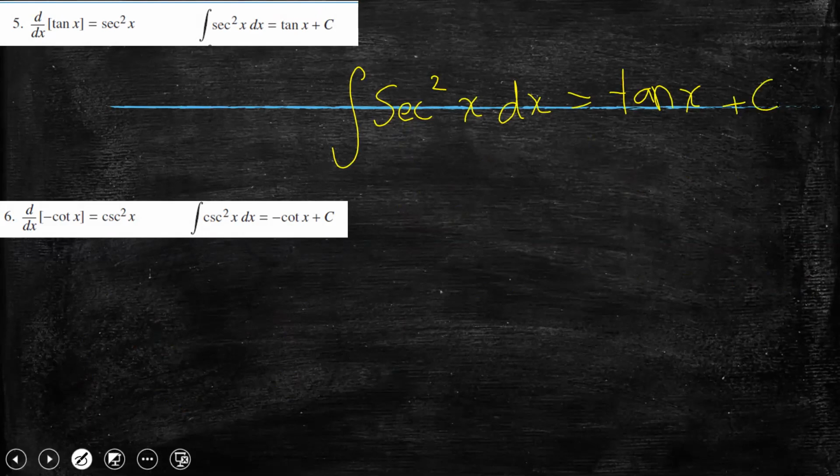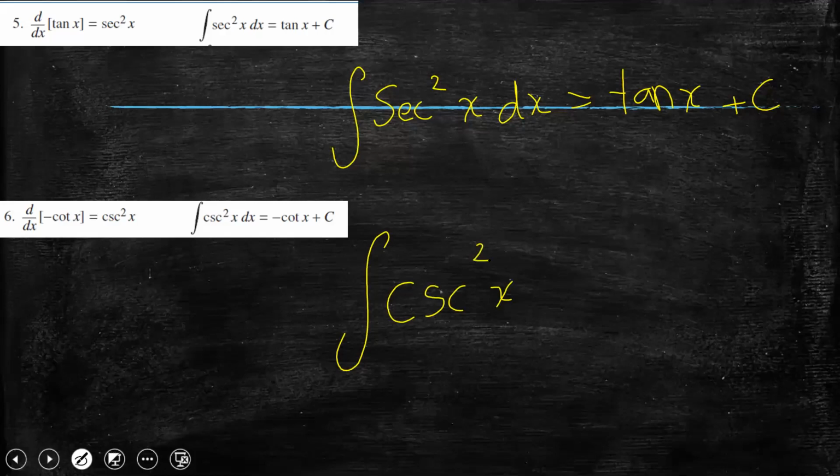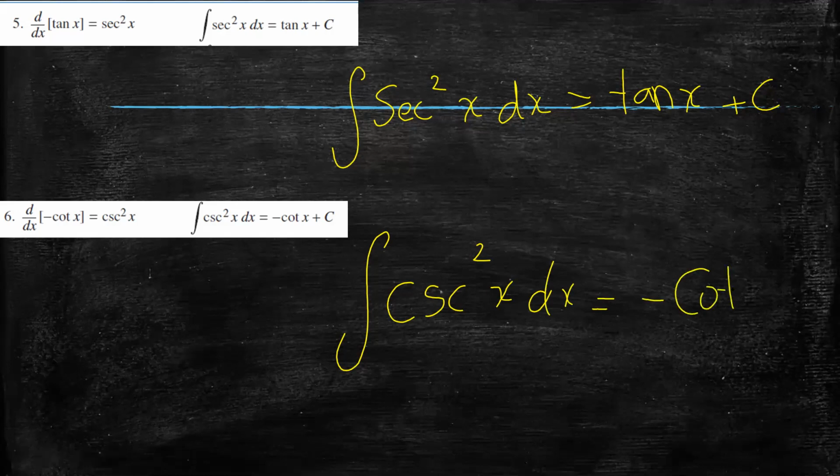And also, the integration of cosecant square x dx will be negative cotan x plus c. So the integration of secant square is tan, and the integration of cosecant square is negative cotan.